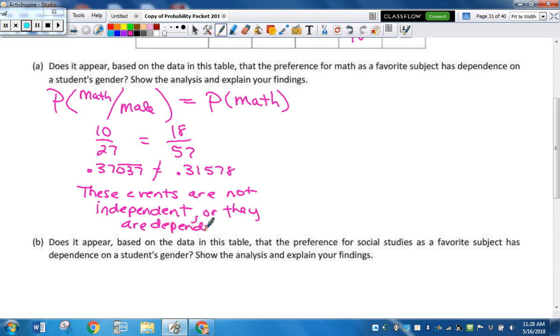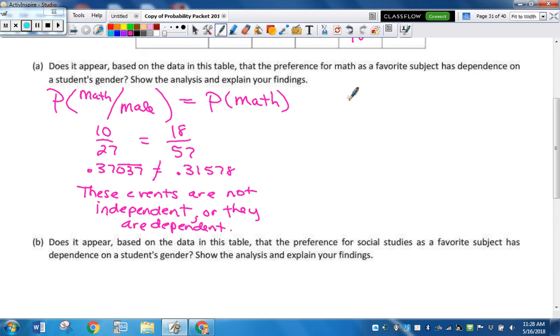Now, I would say there's not as big of a difference as there was with the green hair and the red eyes, right? So maybe there's a slight dependence here. There's probably not a lot going on, okay? But it's still dependent. Are we okay with that? It has to be equal to be independent. How would you do it with probability of A and B equals probability?